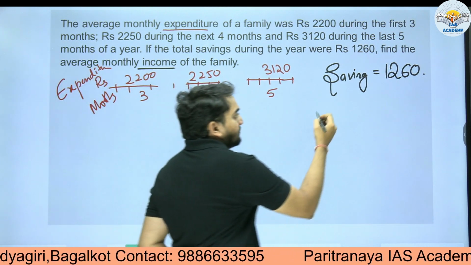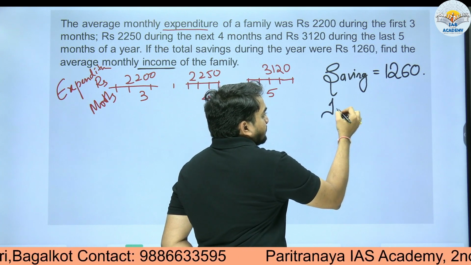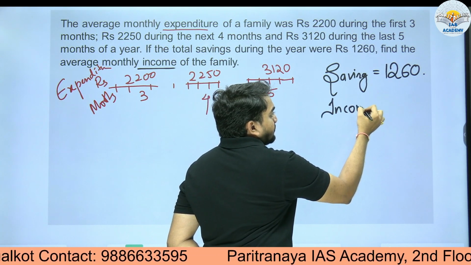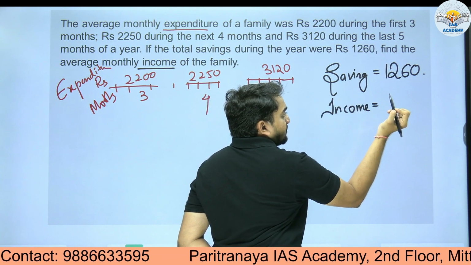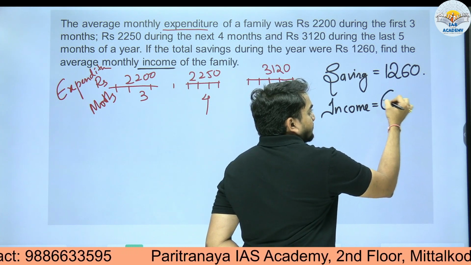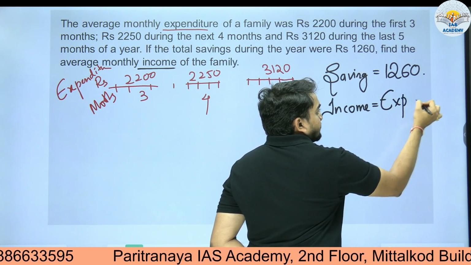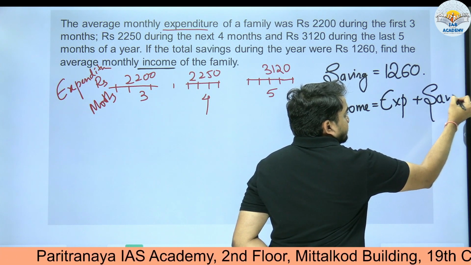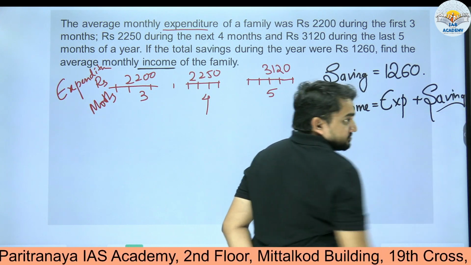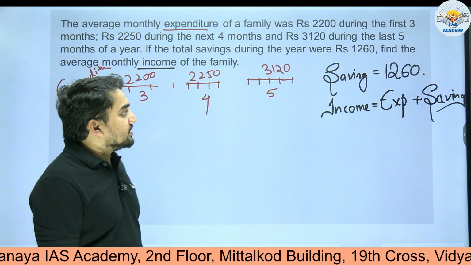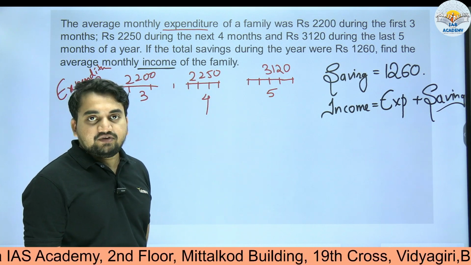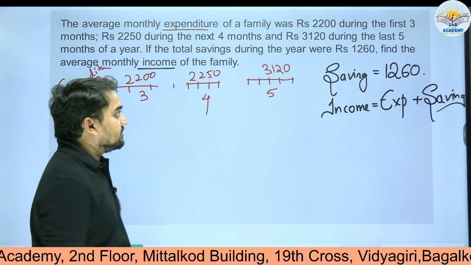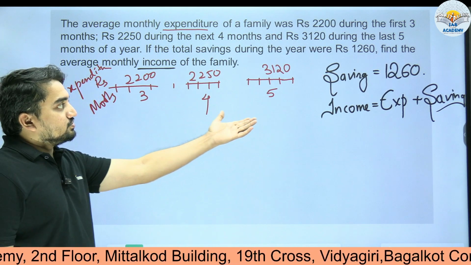What do you mean by income? Income is equal to the sum of expenditure plus saving. Sum of expenditure and saving is the income. Now, what does this show?